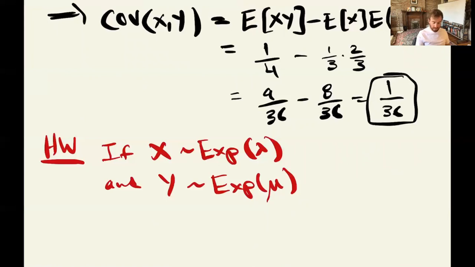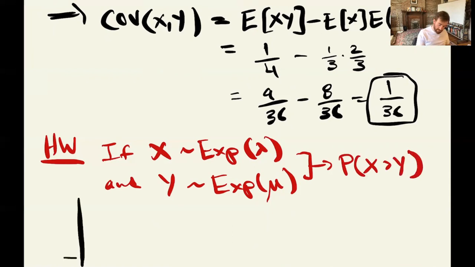Let's calculate the probability that X is greater than Y. Now, what that means is that when I define my joint density function and I take this pointwise product, and again, I should say that these are independent.